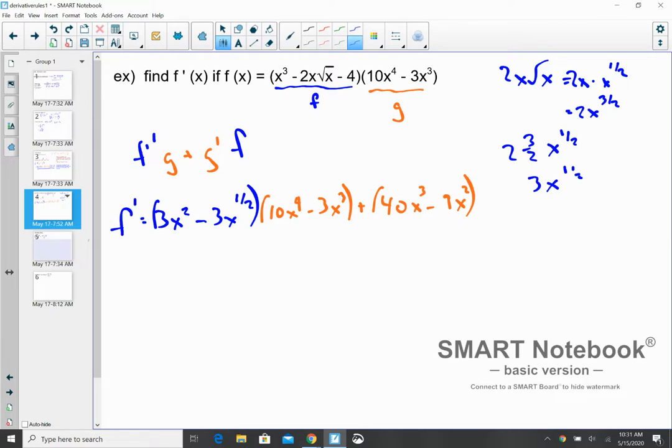This is getting in my way, so you can get out of here. Let's get over there. And just some sort of clarification. All right, so that's x cubed minus 2x squared root x minus 4.